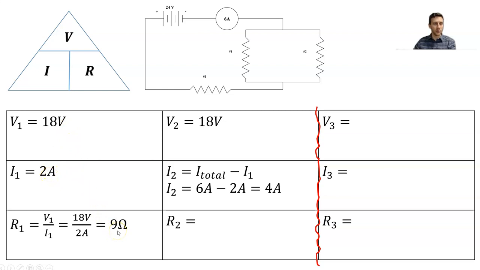That equals 9 ohms. Same thing for resistor 2. R2 equals V2 over I2, 18 volts over 4 amps, and that gives 4.5 ohms. Okay, so hopefully that seems familiar. That should be like the last video where we were dealing with parallel circuits.